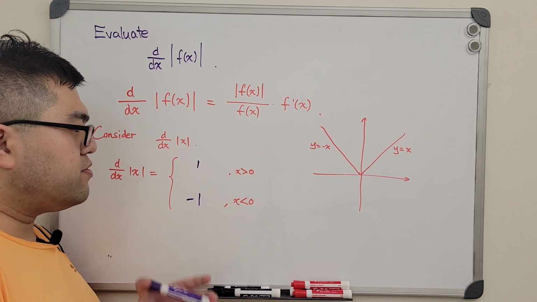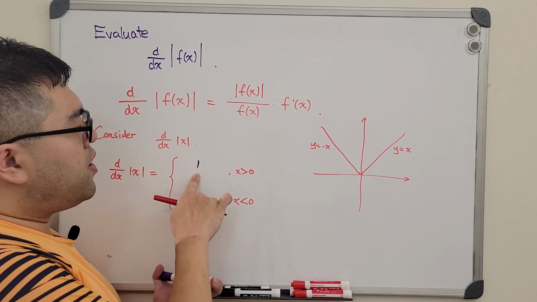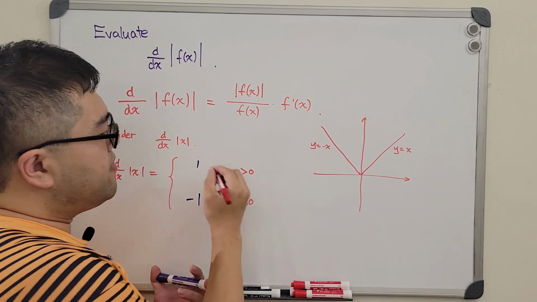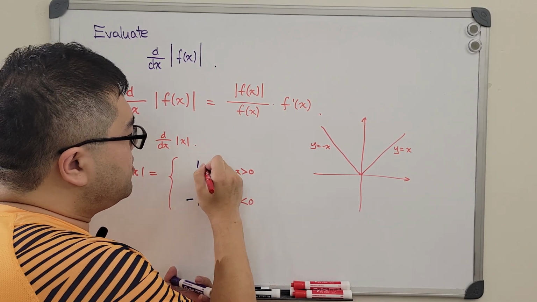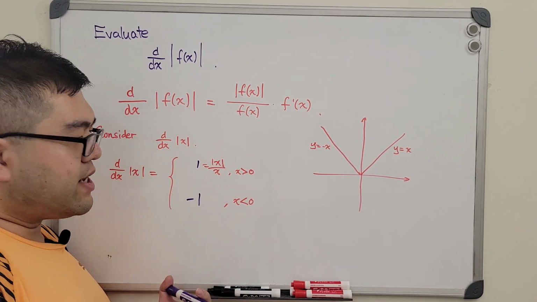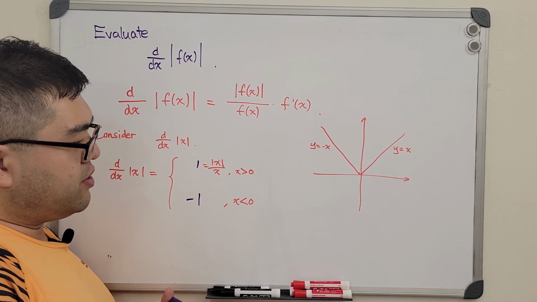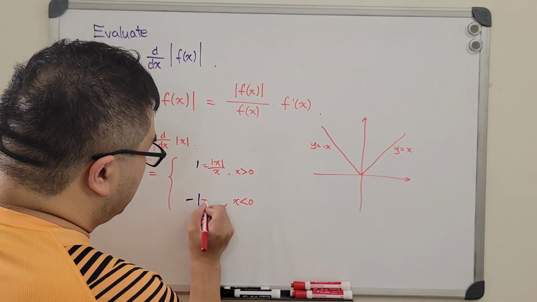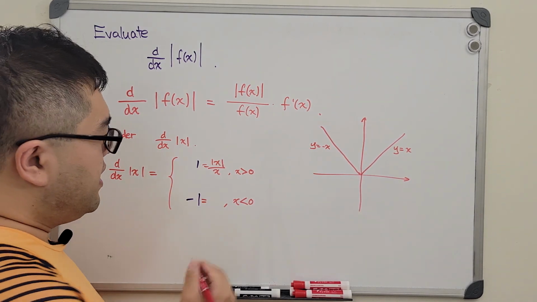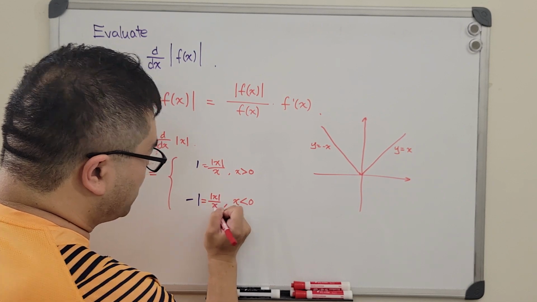But what does that actually help us with? Well, if we think about it, positive 1 when x is greater than 0 is actually the same as the absolute value of x over x itself. As x is greater than 0, we don't have to worry about dividing by 0 in this case. Where the derivative equals negative 1 will actually be equal to the absolute value of x over x as well.